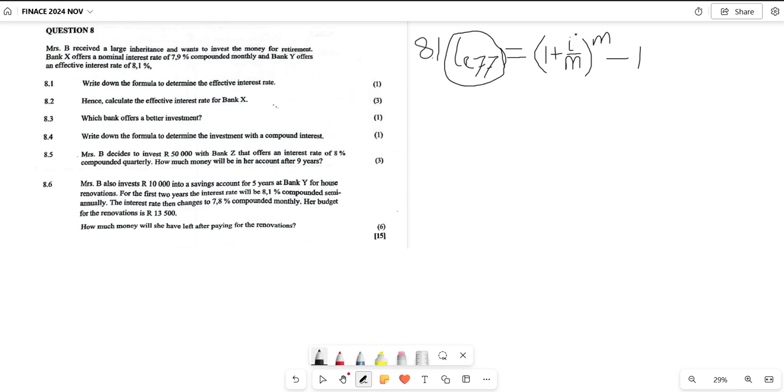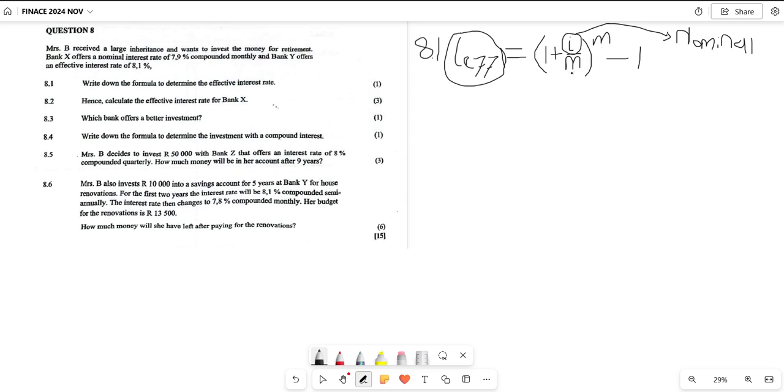Then the I that you see inside this formula is the I nominal, the nominal interest rate.